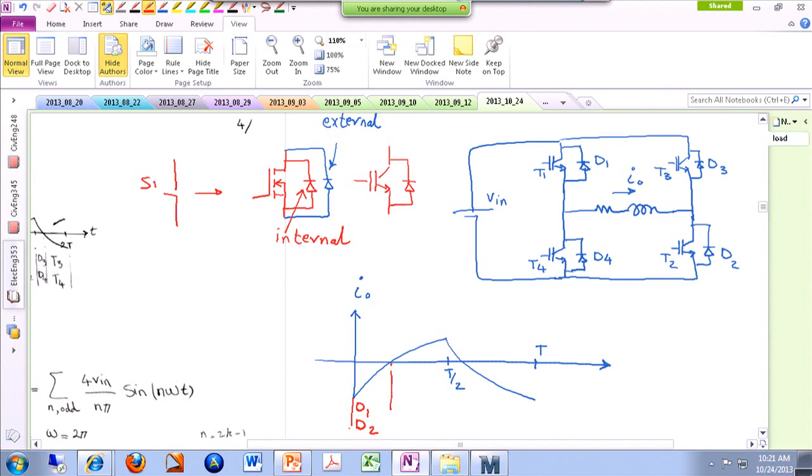Then the output current turns from negative to positive, but still we need conduction here and here. So that's going to give us the right time to turn T1 and T2 on. Okay? My drawing is not very good because this length over here should be the same as this length, but it is not, unfortunately. But anyway, let me fix it. All right, something like this.